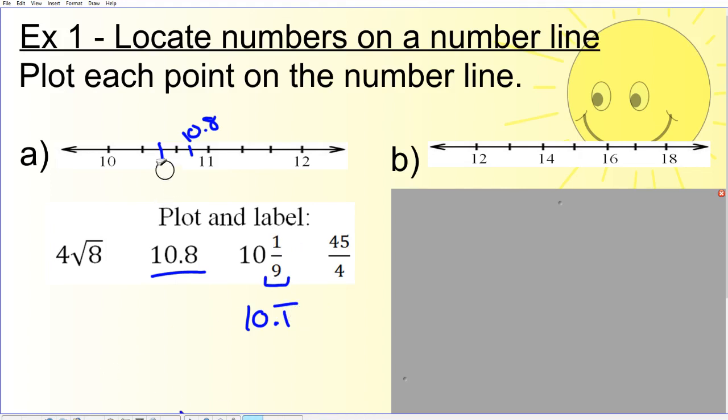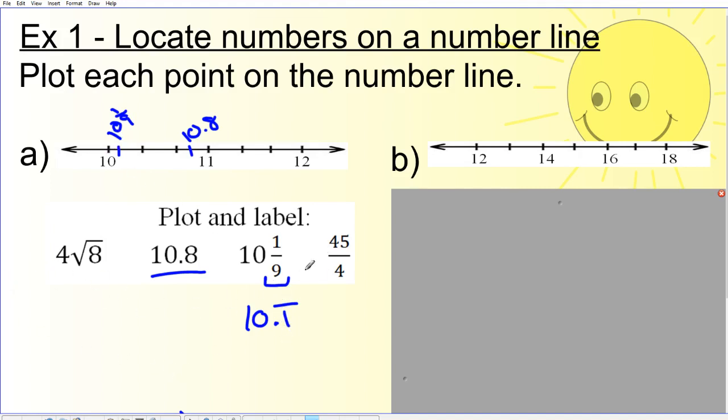So that would be like over here. This is 10.5. 10.1 would be about here, or close to it. So I'm going to call that guy 10 and 1/9. Trying to squeeze it in there a little. Got to put all 4 of these in there. There's 10.8. There's 10 and 1/9, which is 10.1.